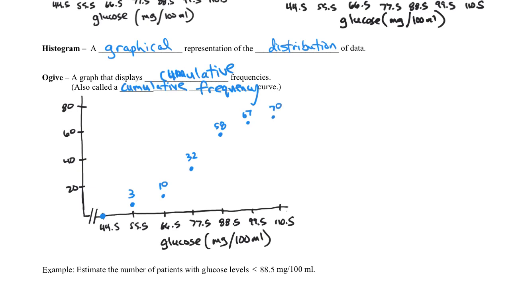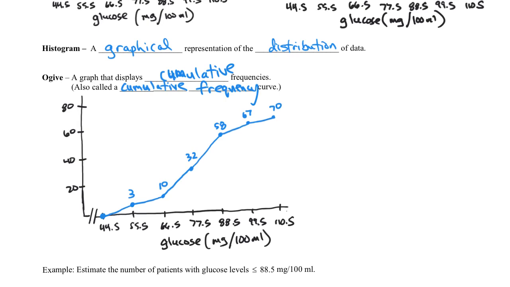And when this is done with software, these are going to be connected by straight line segments. Since we're doing them by hand, you won't really be able to tell. But it's not like in algebra where you try to fit a line or a curve to the points. These are straight line segments. And this is an ogive, and it just shows how the data increases as we go.